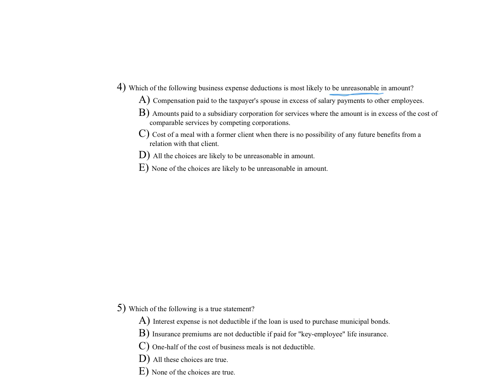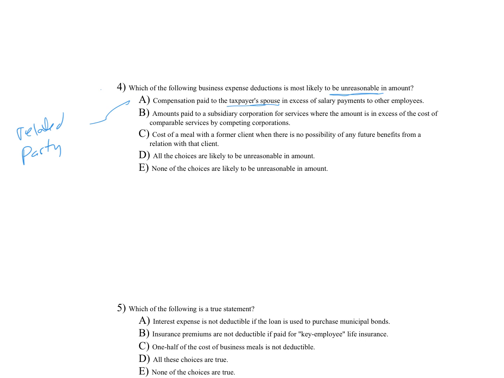Okay, so if we look at all of these scenarios, compensation paid to a taxpayer's spouse in excess of salary payments to other employees. Okay, anytime you have a related party transaction, there is going to be increased scrutiny.